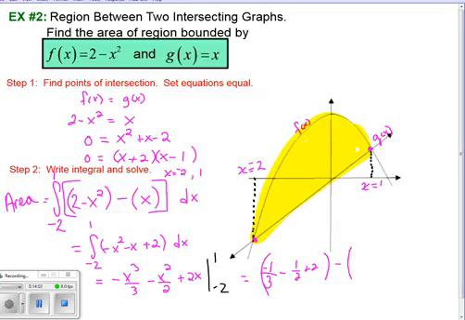Subtract, throw in negative 2, that's going to be a negative of negative 8 over 3 minus negative 2 squared, which would be positive 4 over 2, plus 2 times negative 2 is negative 4. And if you simplify this out, you will find that you get 27/6, which reduces down to 9/2. And that is your answer.